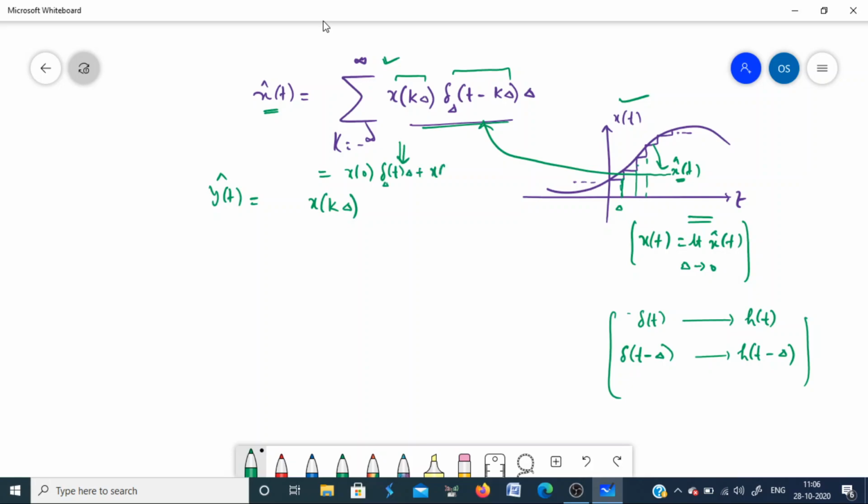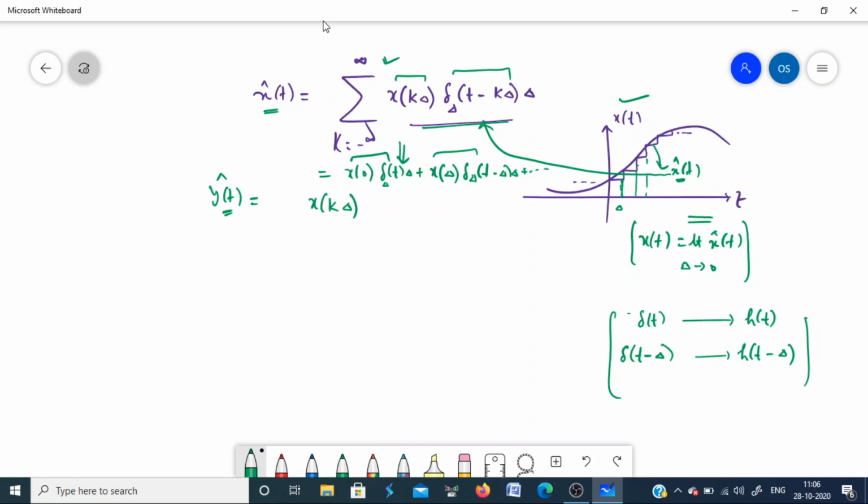Okay, then x of del, del t minus del and so on. So the system is linear. Your output y cap t is the output due to this plus output due to this plus so on.